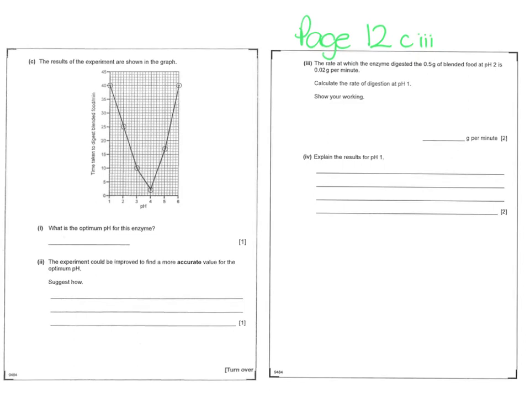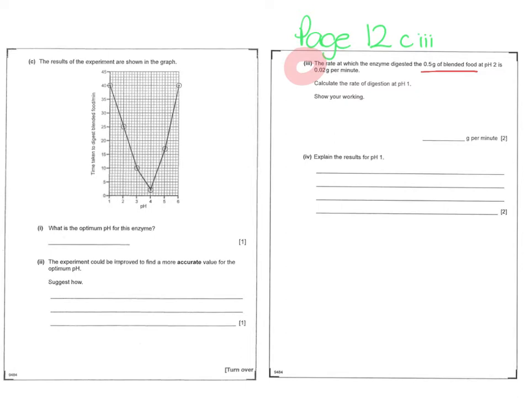Now, let's look at page 12, see part 3. So over here, see part 3. Now, the bit of information before that, basically an experiment was done by putting some blended food, and it told us a few pages earlier that it was 0.5 grams of food was put into a number of test tubes, different pH solutions were added, and an enzyme was added, and then the time taken to digest the blended food was recorded.